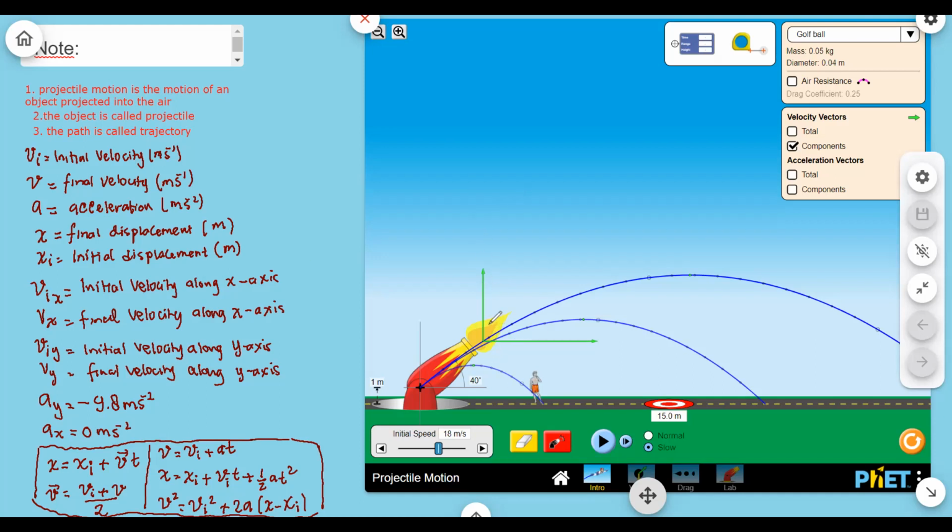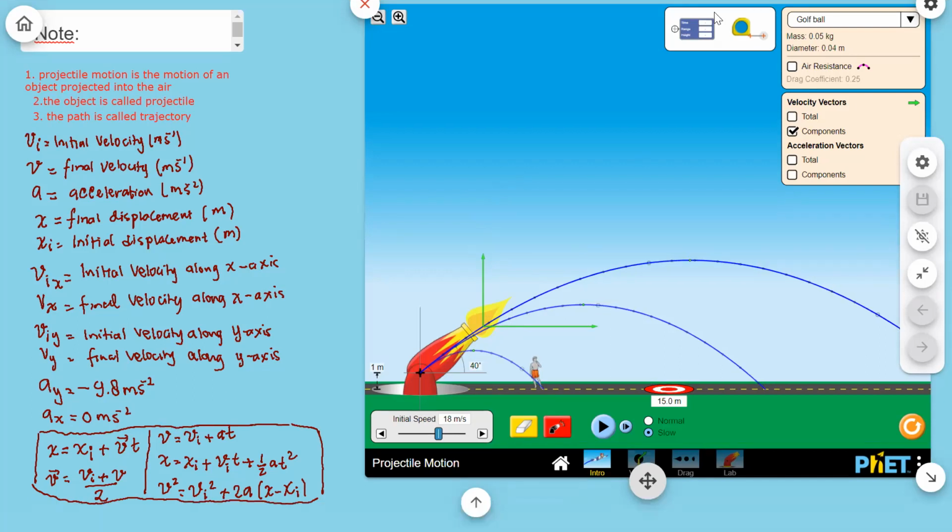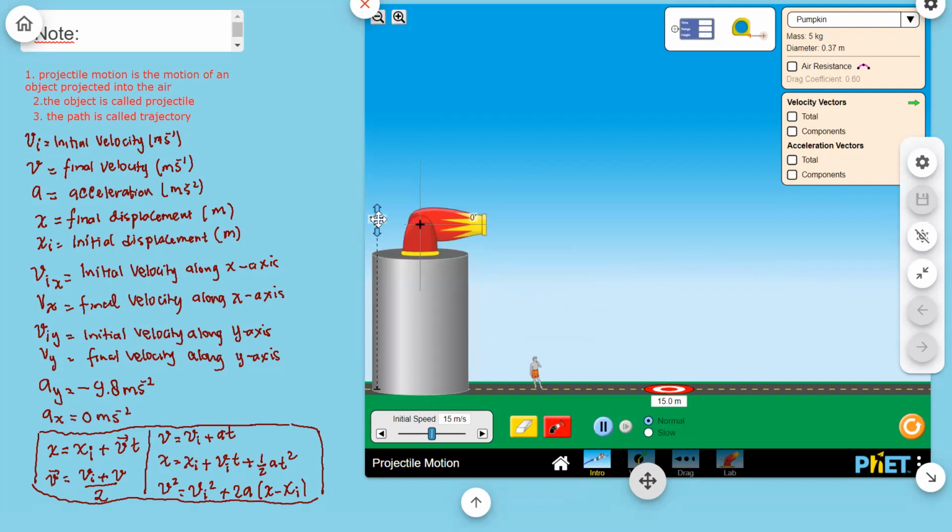Now, we will go back to our simulation. Let's see. So, from here, I want to adjust the initial height of the object to be 0.